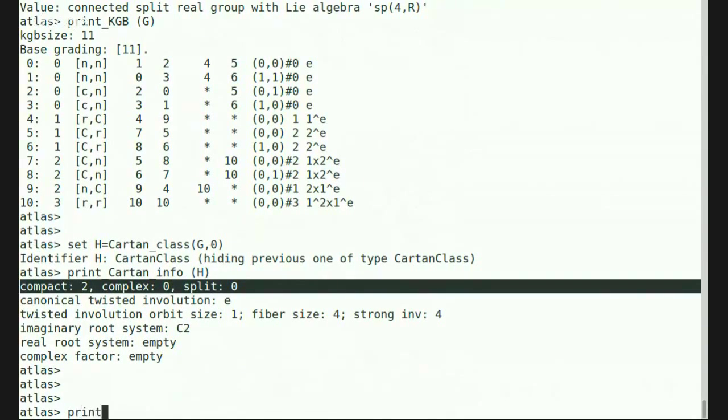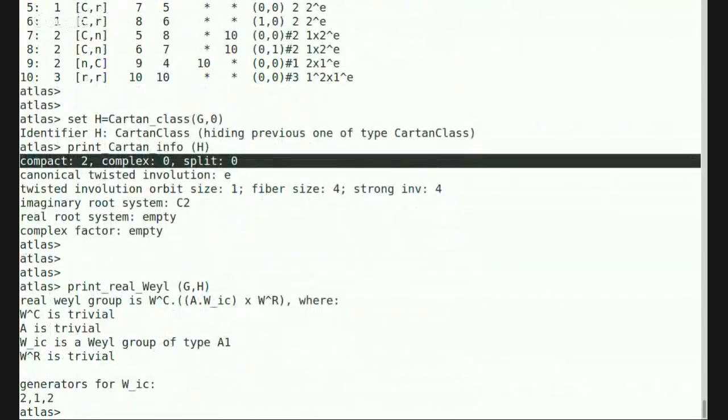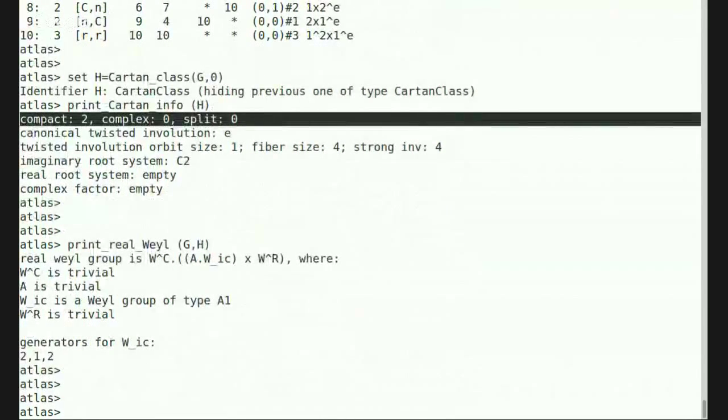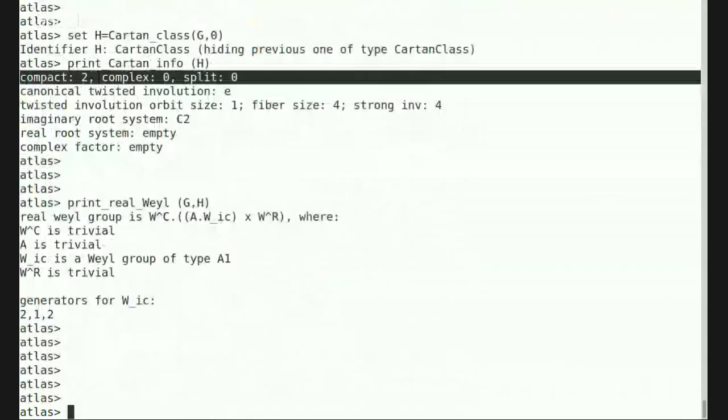And what I want to look at is the real Weil group of G with respect to H. This takes a little bit of explaining, which I'm not going to do. It says that the real Weil group is this thing. And this is a theorem describing the elements of the Weil group which are actually realizable in G(R). If you just run through what this says, everything here is trivial except that there's a Weil group of type A1.